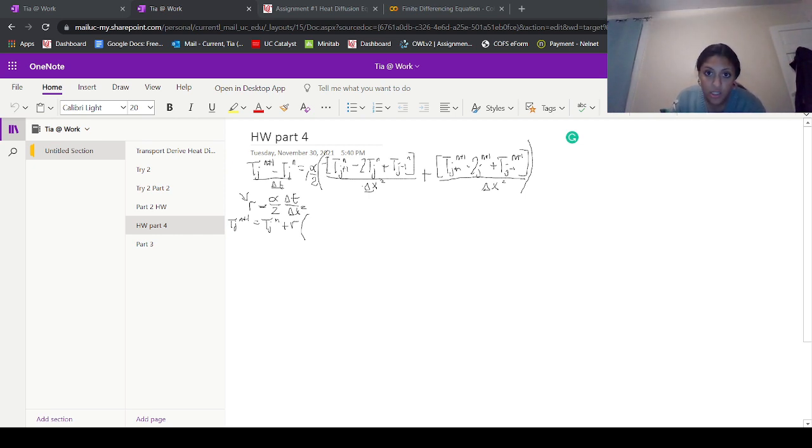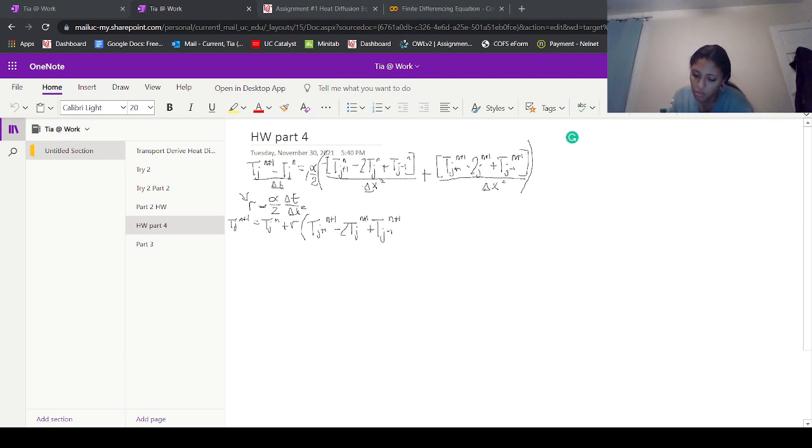So it says T at position j plus 1, time n plus 1, minus 2T at j, n plus 1, plus the temperature at position j minus 1, time n plus 1.